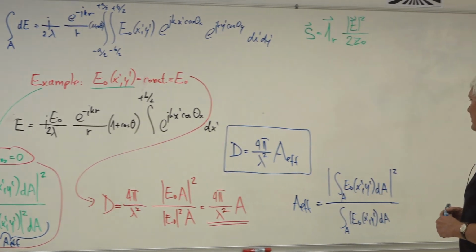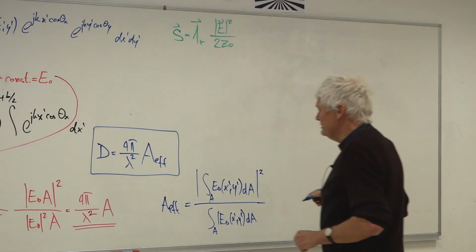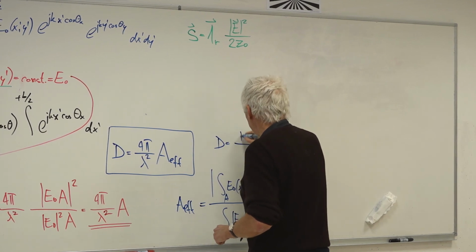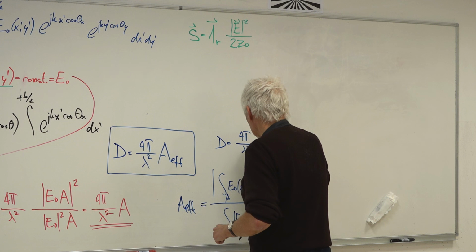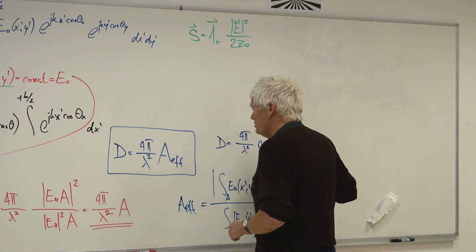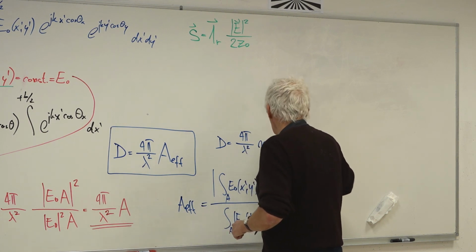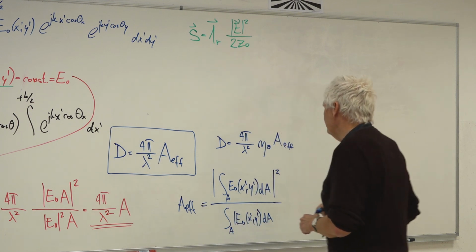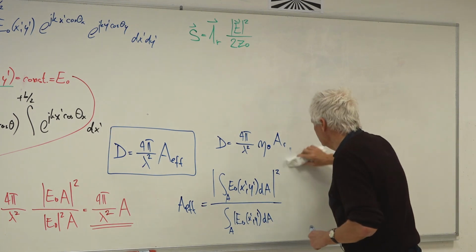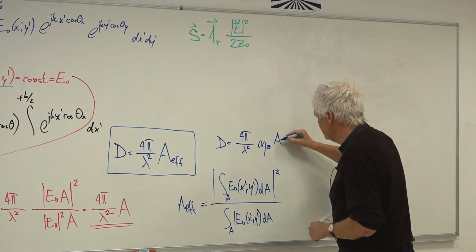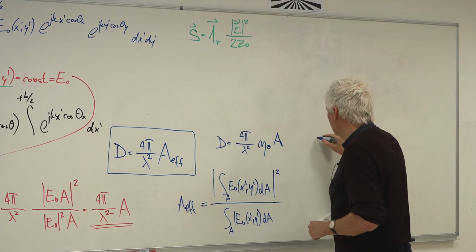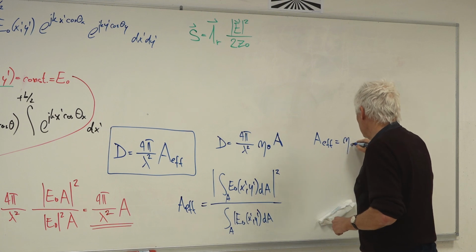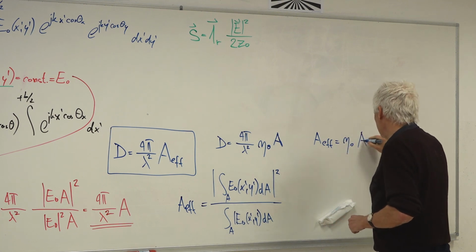We could also rewrite the same equation as the directivity is now 4 pi over lambda squared times the illumination efficiency times A. I usually write the illumination efficiency as eta prime. So in other words, my effective area is illumination efficiency times A.